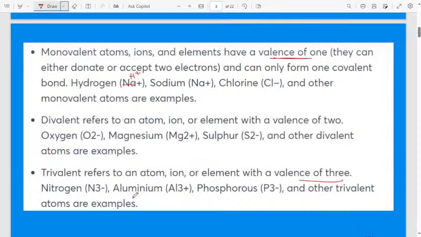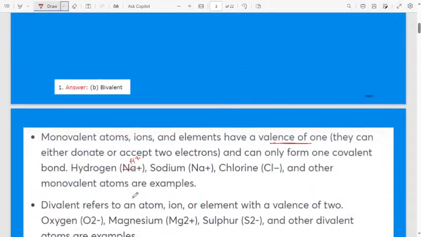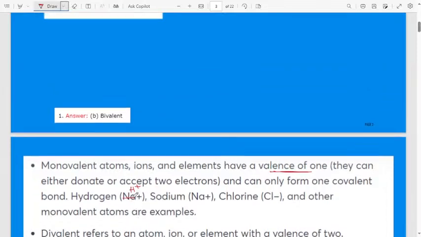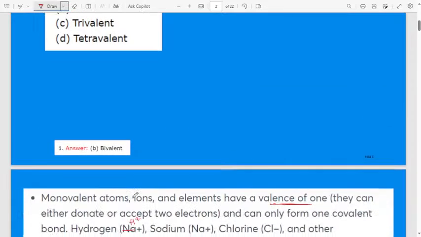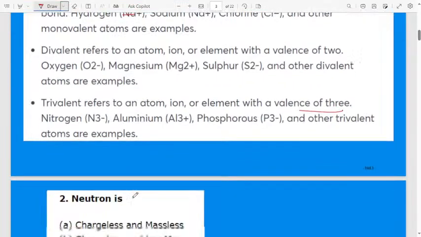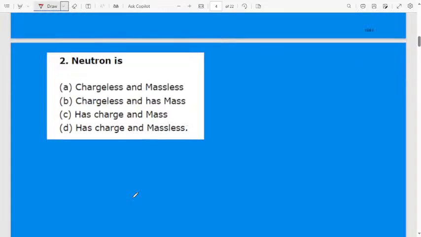Okay, understood? Therefore, oxygen is a divalent atom. Bivalent atom, not divalent, bivalent atom. Let us discuss the next problem.